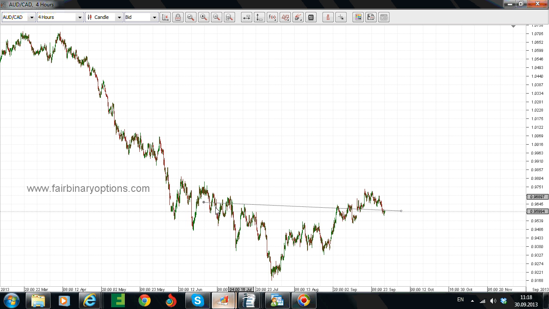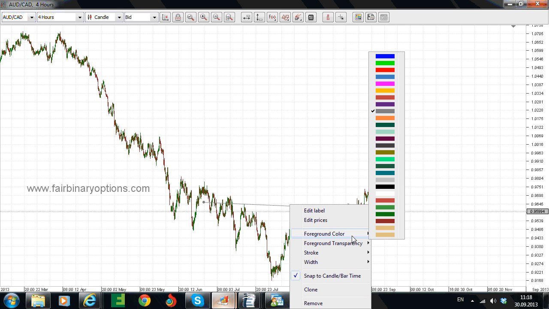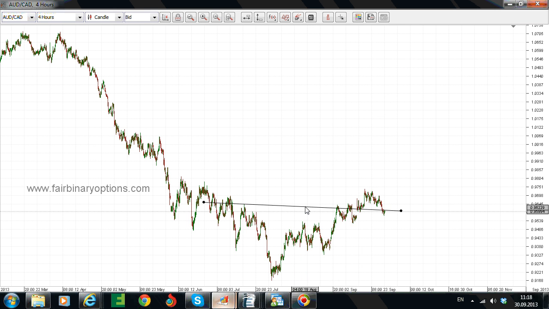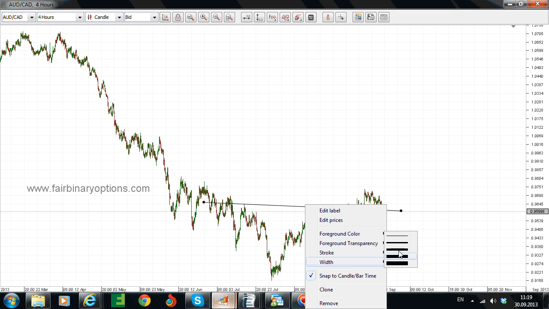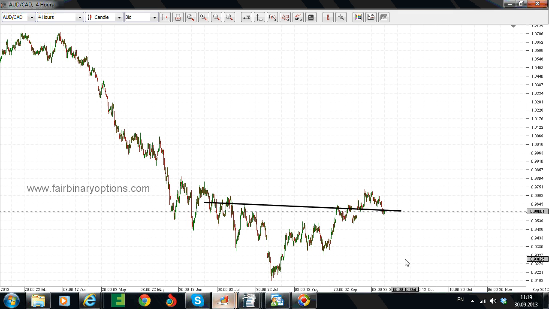Let me change the color and make it a bit more visible. So that would be our neckline, and as you can see here, the neckline was broken, retested, and now we are looking for price to fly higher.